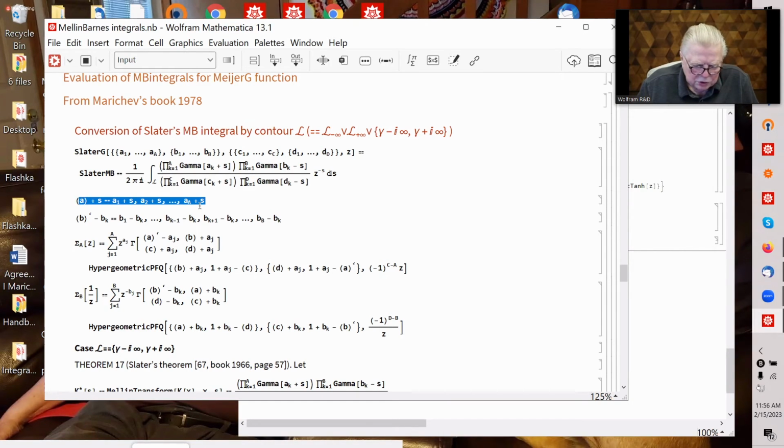Let's introduce such a vector. It's not a vector, it is in reality a sequence: A in brackets, with components A1, up to capital A. Here we have the same construction, but with the term B_k minus B_k removed, and we place this.